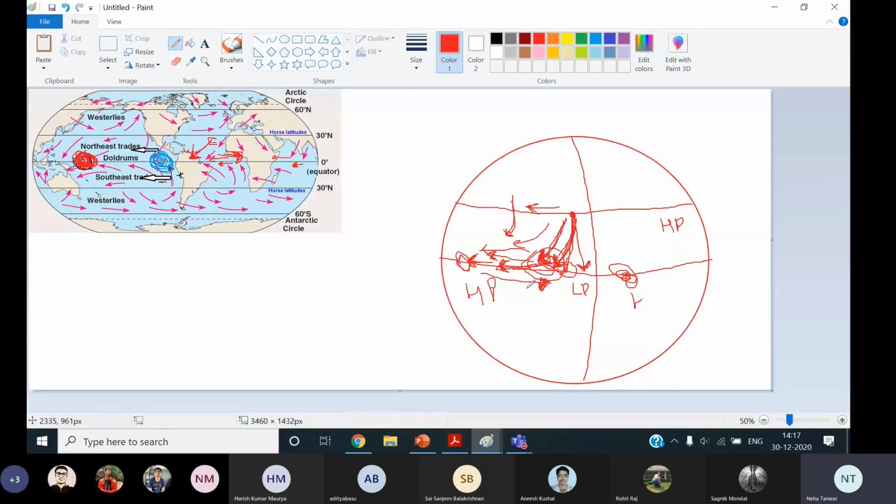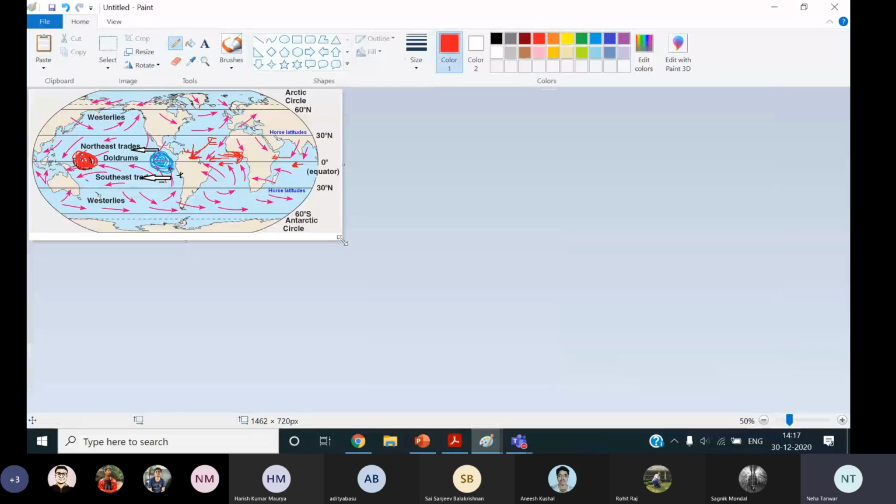This is not the global circulation pattern. These winds are not part of the global circulation pattern. Okay, this is overall picture, and these winds do shift, but the direction. I'm talking about this global image. The direction almost remains same.